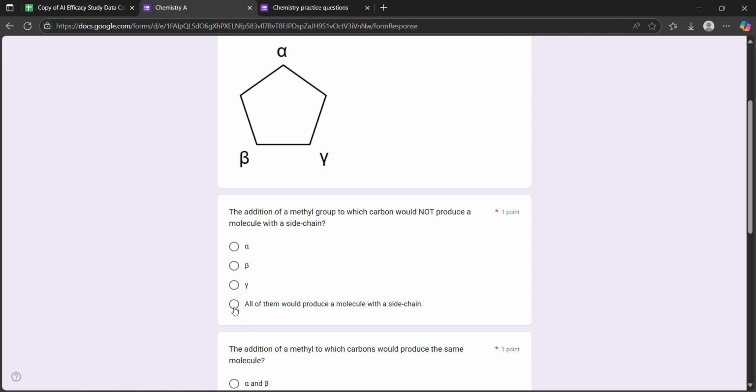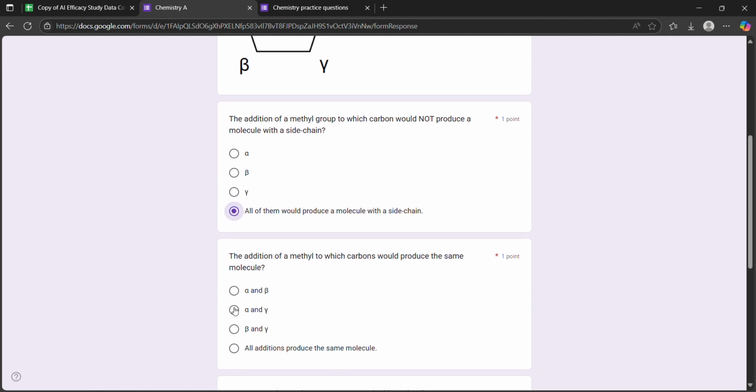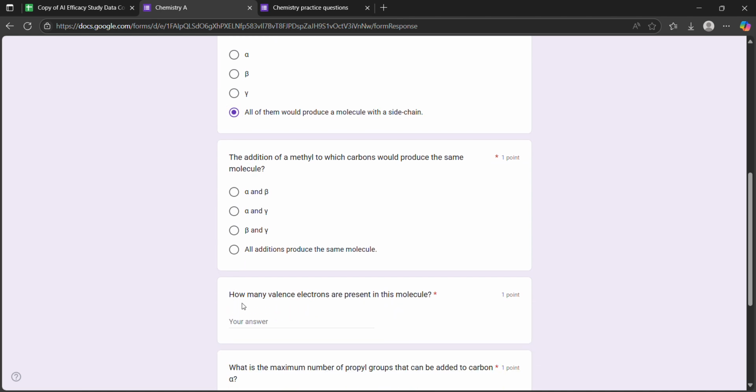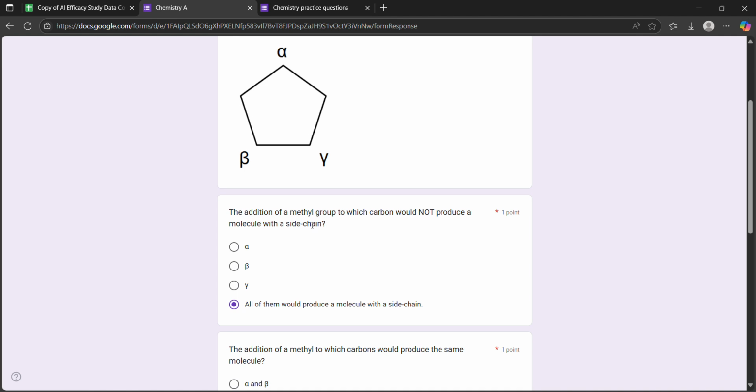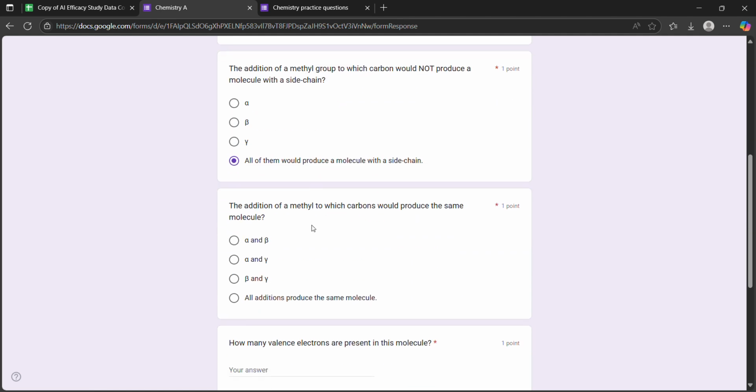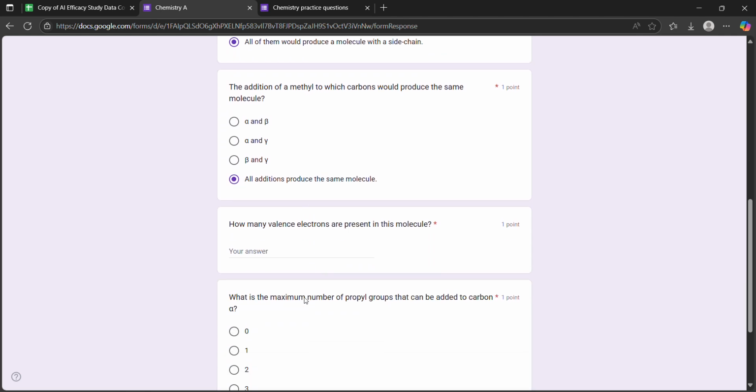So I think all of them would produce a molecule with a side chain. The addition of a methyl to which carbons would produce the same molecule? I think all additions produce the same molecule.